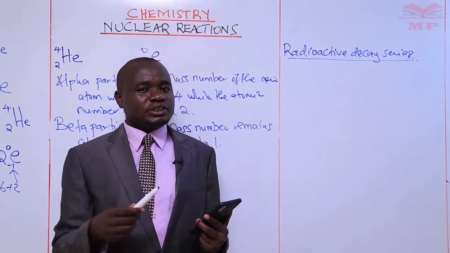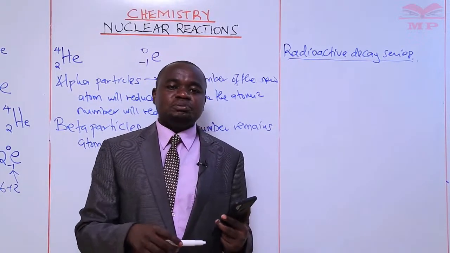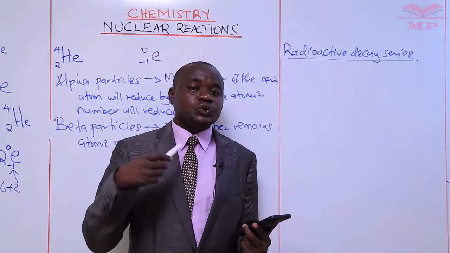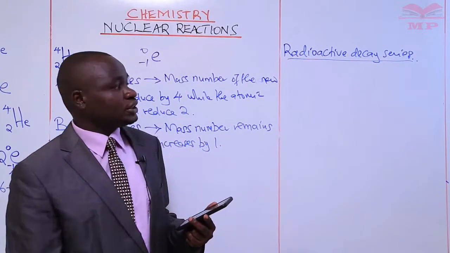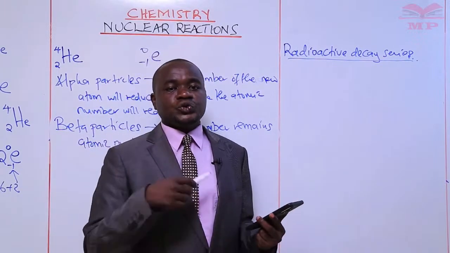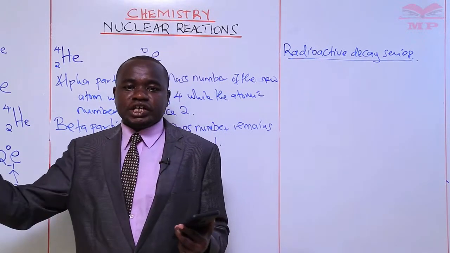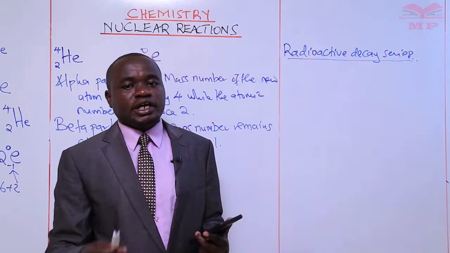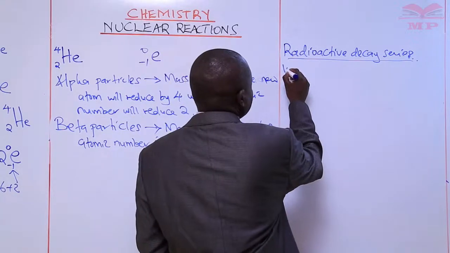So it happens sometimes that the new nuclide might be radioactive and unstable. So in that case, it will undergo further decay until we get a new stable nuclide. As a result, it will lead to several chain reactions, and that is what you are calling radioactive decay series.